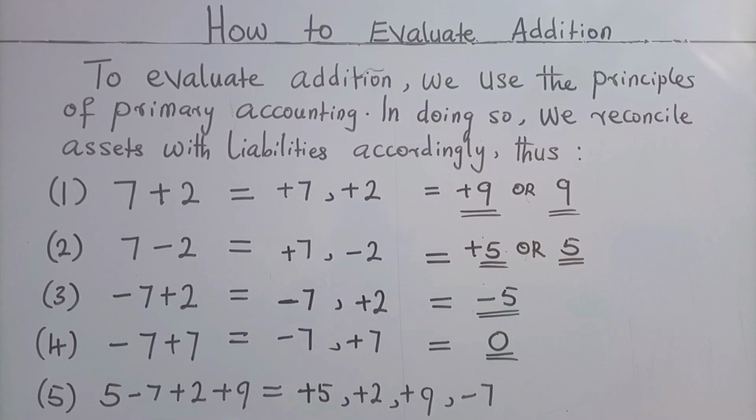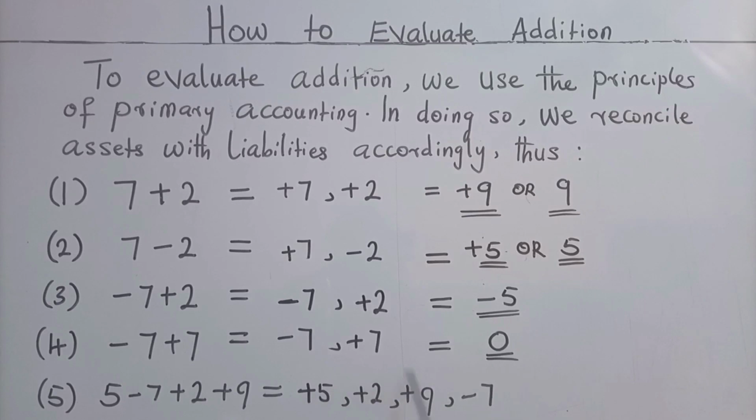Yes, that is what it thinks. This 5 is plus 5. This 2 is plus 2. This 9 is plus 9. They are our assets. And this minus 7 comes here as our liability.